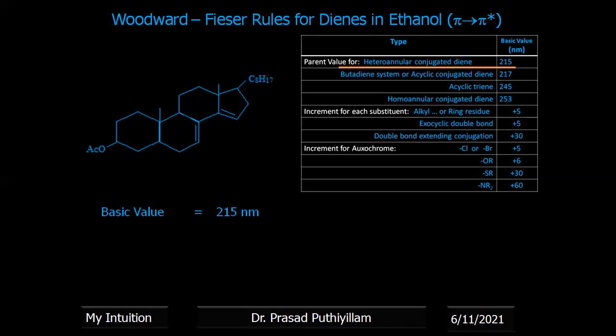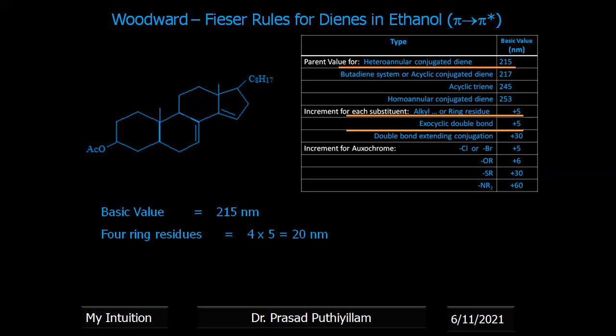So here it is 215 nanometer. Alkyl and ring residue. Let me guess first. So this is one ring residue. Here one ring residue, another ring residue, a fourth ring residue. So I said 4. So 4 ring residues, 4 into 5, 20 nanometer. We need to add exocyclic double bonds. Where is the exocyclic double bond?